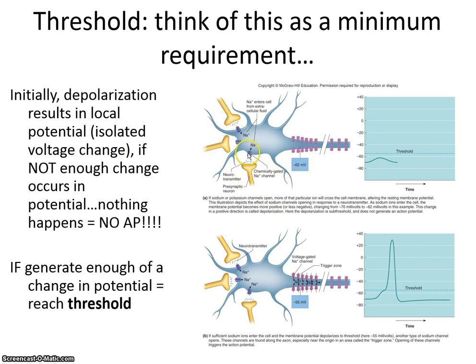There are only 2 axons here, and the amount of sodium that enters is not enough, because we only get about minus 62 as the maximum. Here, by adding one more axon causing another sodium channel to open, we reach threshold, minus 55, and we trigger an action potential, which is going to move down the axon.